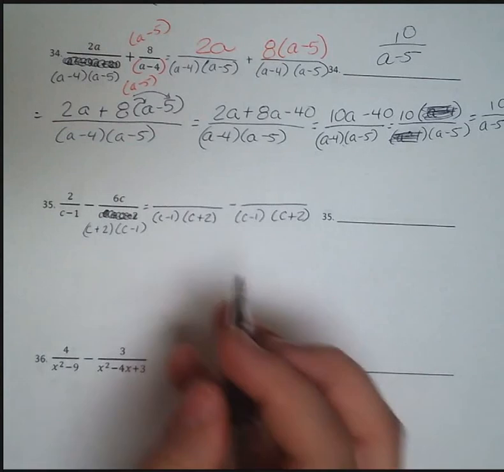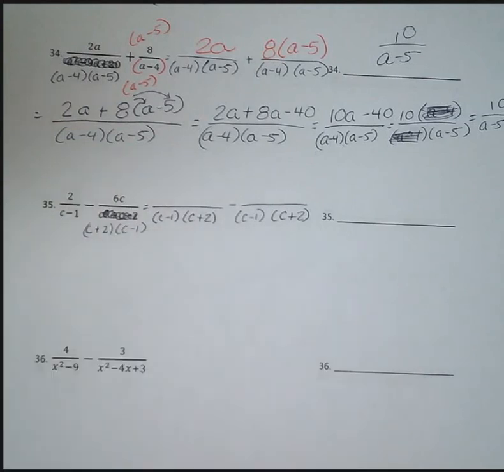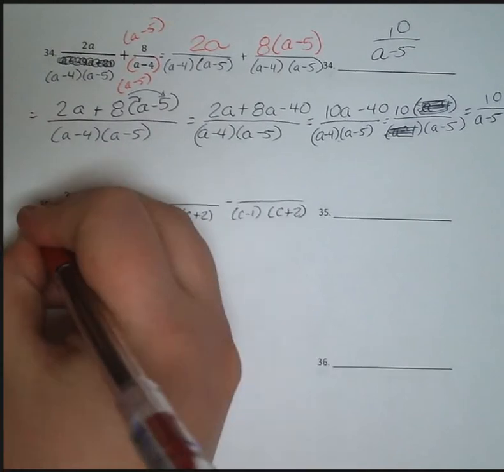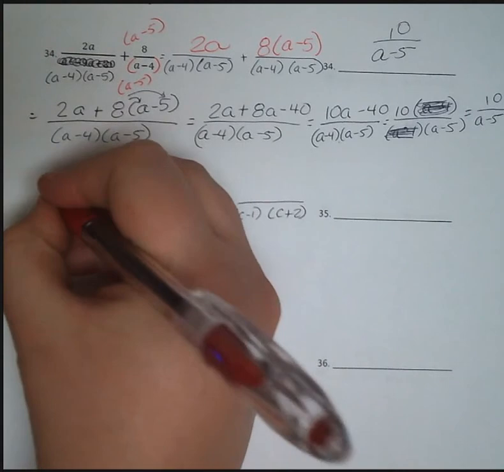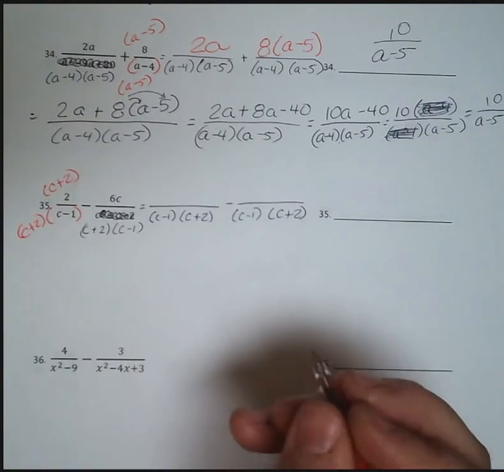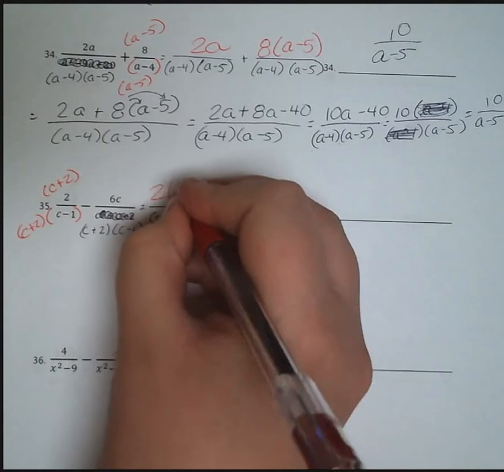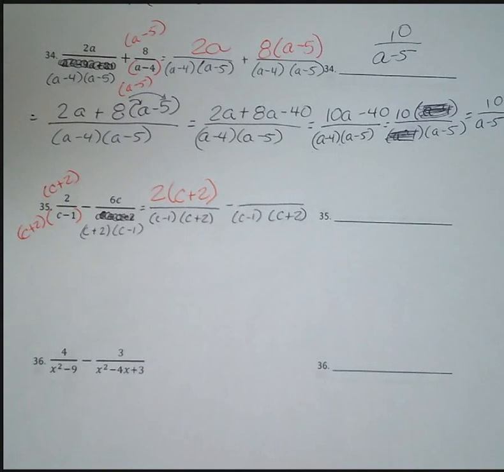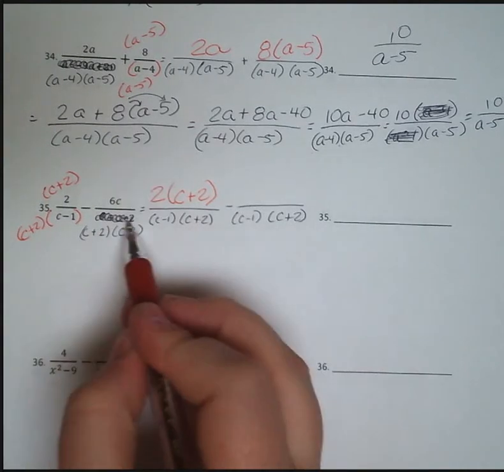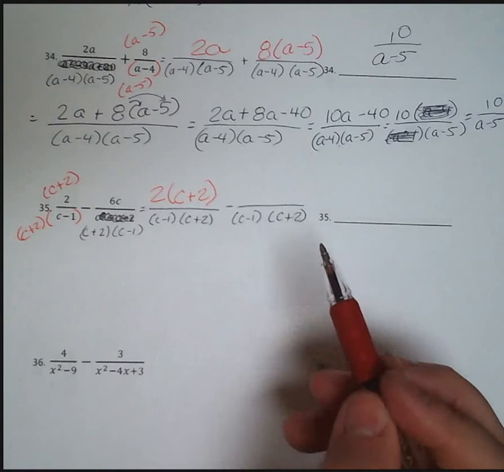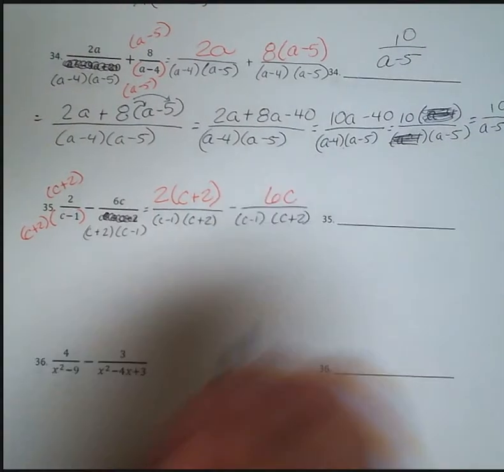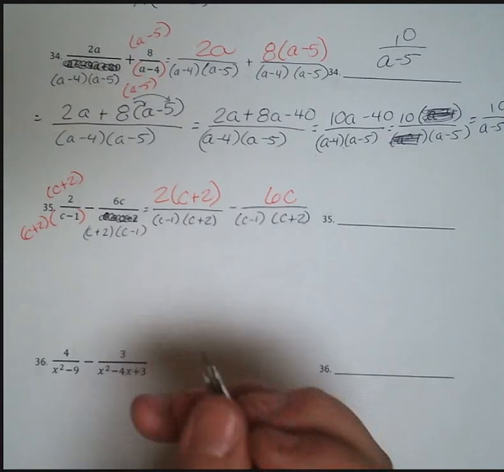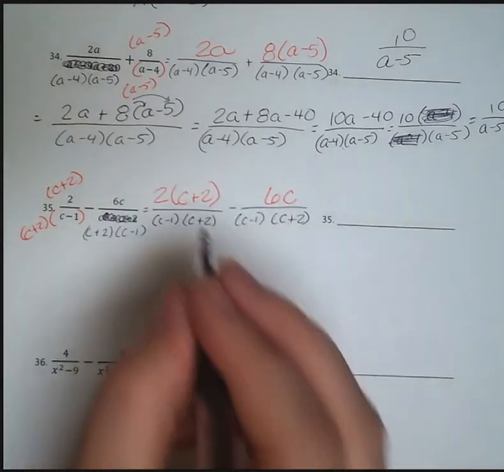In our first fraction here, you have the c minus 1, but you're missing the c plus 2. So we're going to multiply that by that numerator to get 2 times c plus 2. And then we already have the common denominator we want here, so we're just going to bring that 6c over. So now I'm going to write everything over that same denominator.